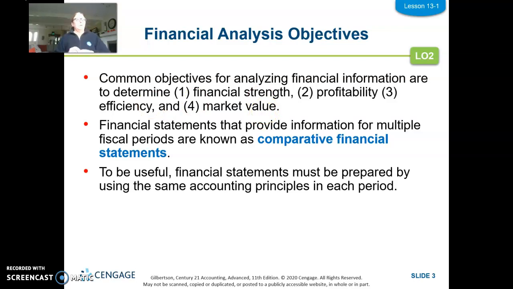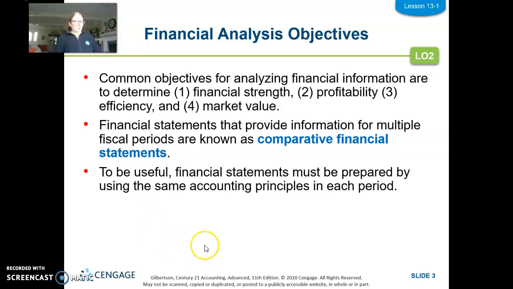Financial statements that provide information for multiple fiscal periods are known as comparative financial statements. And if you look at your Blackline Masters, one of them is comparative financial statements. In comparative financial statements, it's going to become obvious that we're putting multiple years of information.